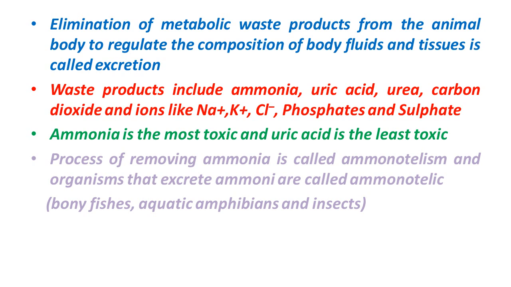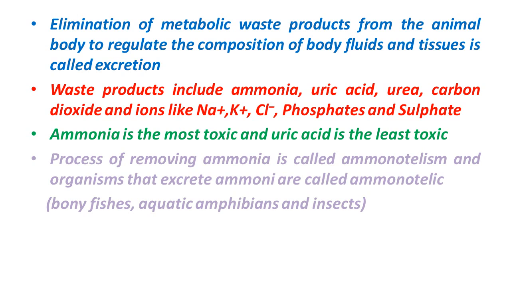On the basis of the type of nitrogenous waste excretory product in the animal body, different kinds of animals are classified into three types on the basis of their elimination product, or we can say nitrogenous waste. It may be ammonia, urea or uric acid.